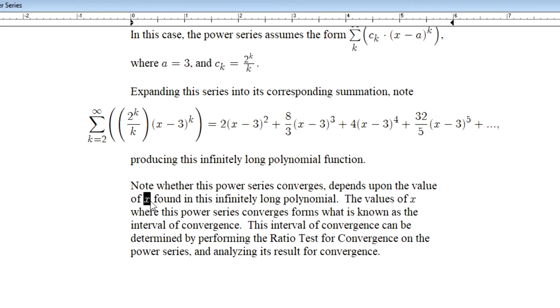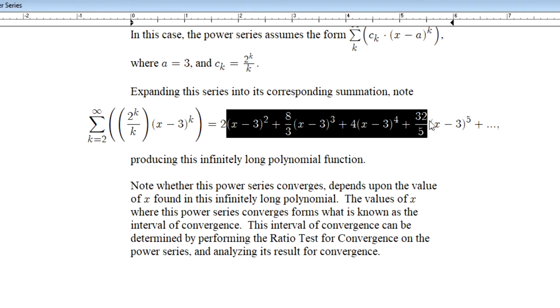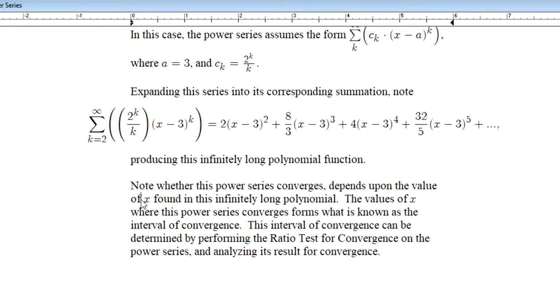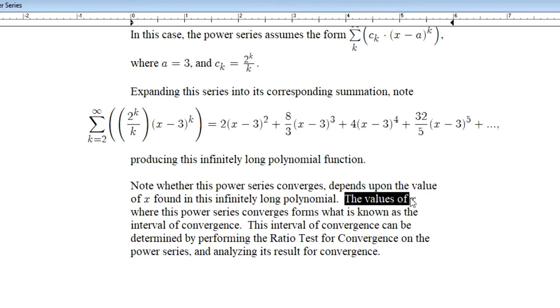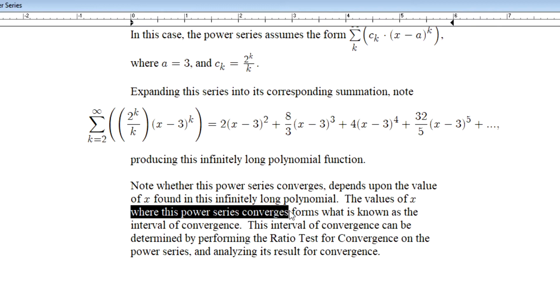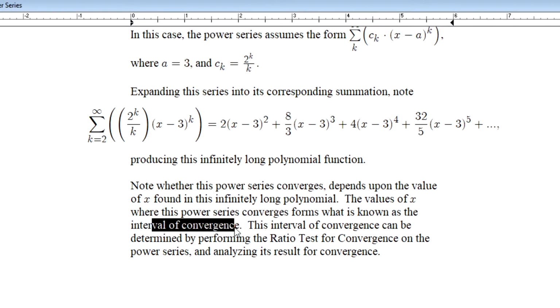And what that value of x will do is either cause the series to add up to a divergent value, or cause this series to add up to what we call a convergent value. For certain values of x, it will be divergent, and for certain values of x, it may be convergent. Now, the values of x where this power series converges form what is known as the interval of convergence.